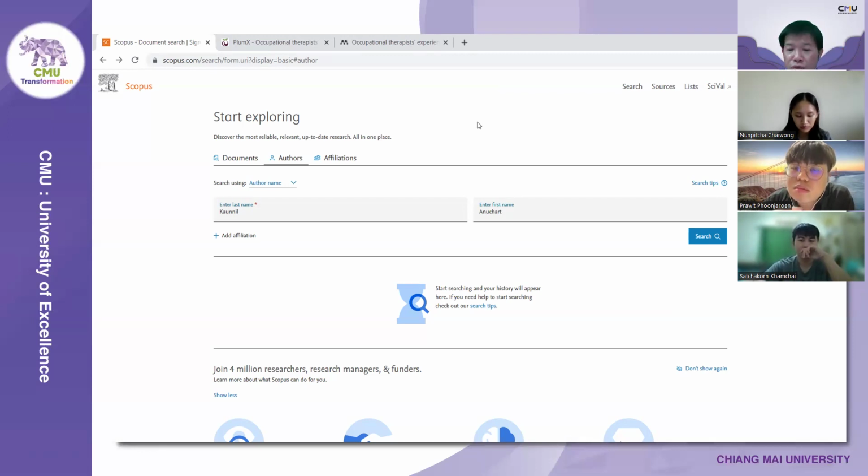For example, if I use a qualitative method, I use Braun and Clarke 2006. Just one paper, a very classical one on qualitative thematic analysis.